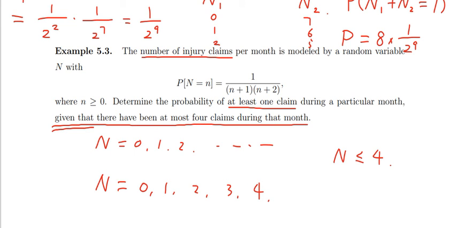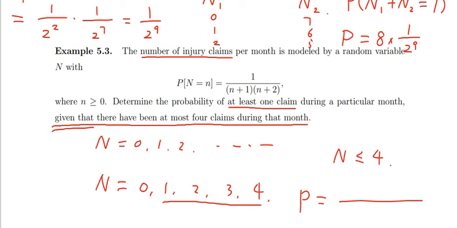So this is given that there have been at most 4 claims. So among the condition, at least one is this part, right? So the probability equals this.